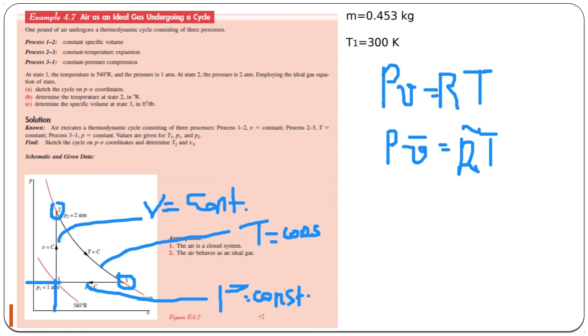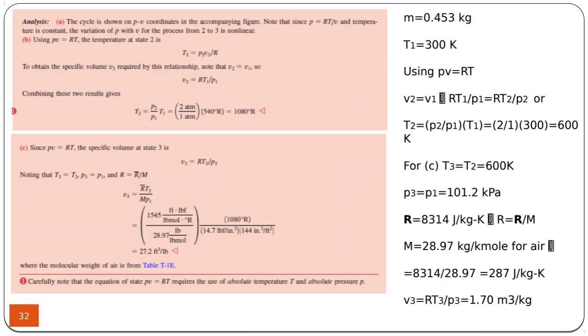So it means that V2 is equal to V1, so that RT1 divided by P1 is equal to RT2 divided by P2. The R's cancel, of course, then we have T2 equal to P2 over P1 times T1. Then we see that the temperature at the end of the process is 600 Kelvin.